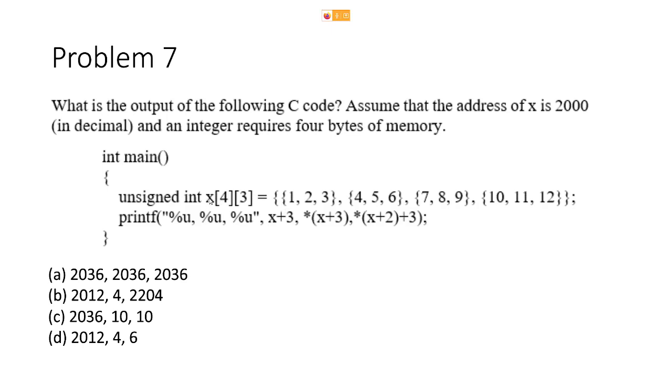And when you say x plus 1, you are skipping rows. When you do pointer arithmetic on this x, the element size by which it is incremented is the row size. Similarly, I think you can go and work this out for 3-dimensional arrays.